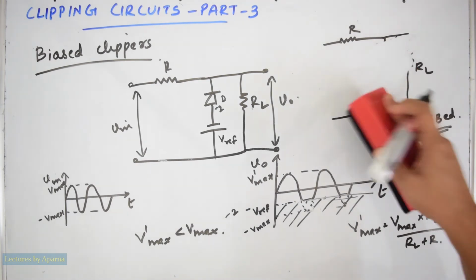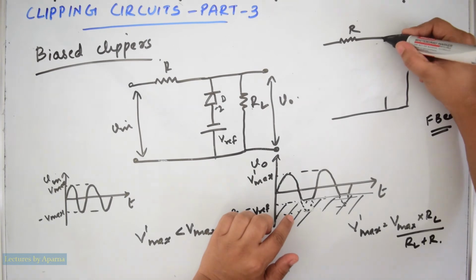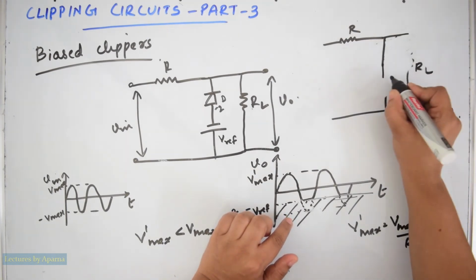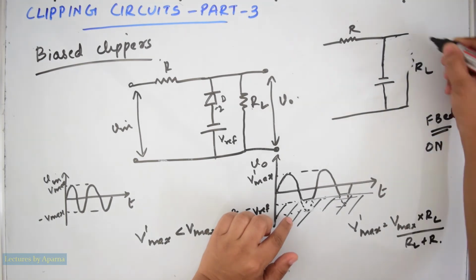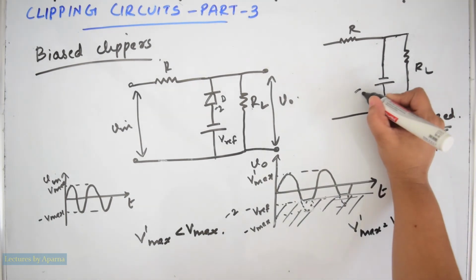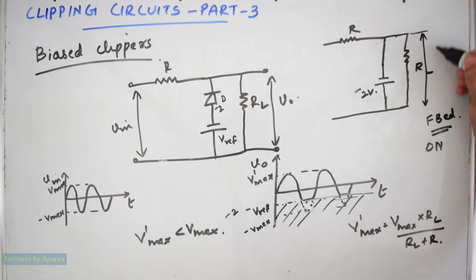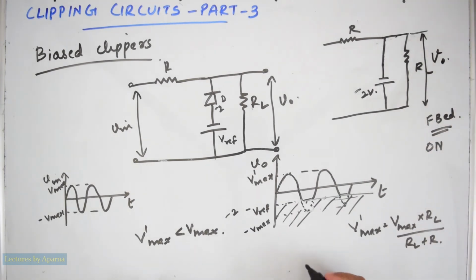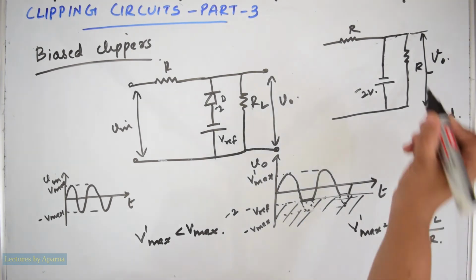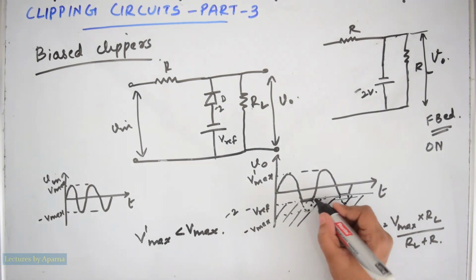For voltages which are more negative than minus 2 volt, the diode will be forward biased, that is the diode will be on. This is the RL. What happens? This is minus 2 volt and this will appear at the output V0. So the output will remain at a minus 2 volt since the diode will be on. So there will be a constant voltage at the output.